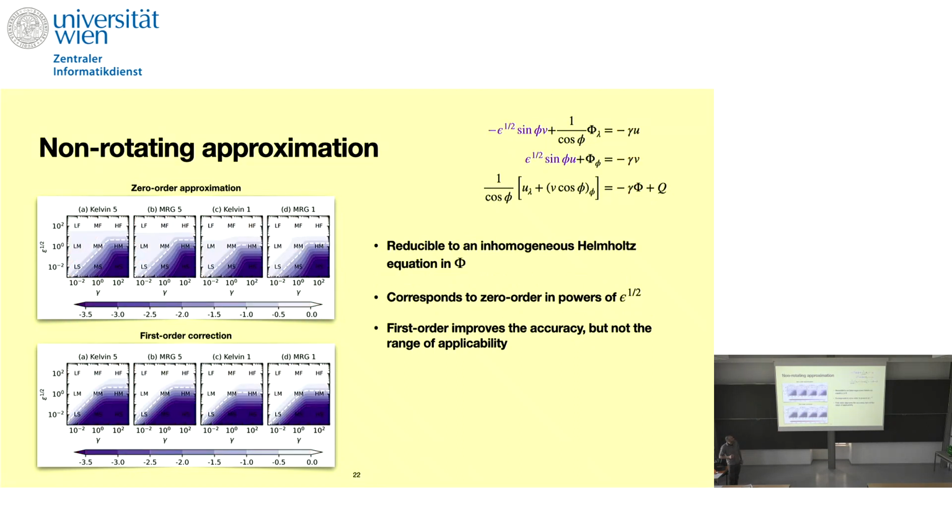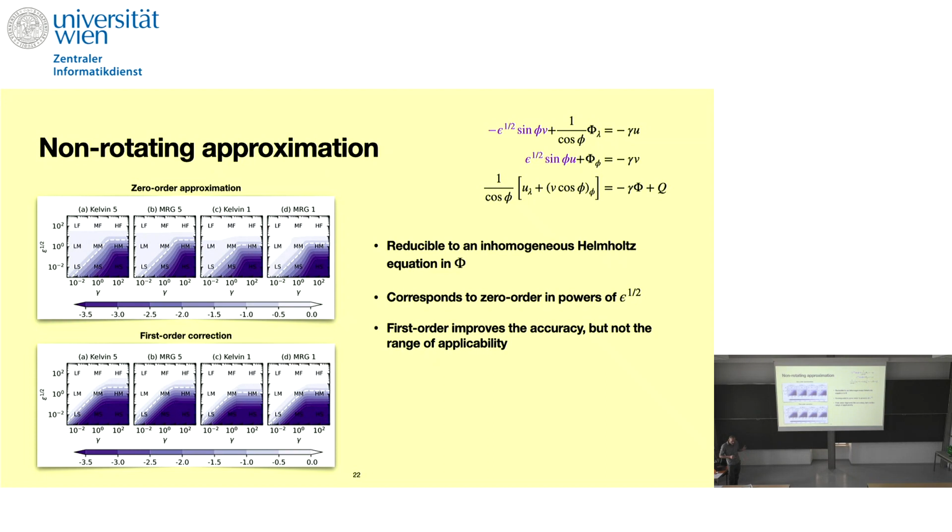Next, we have a non-rotating approximation where the Coriolis terms are negligible. These cases are most accurate here. This is, by the way, solved analytically. It turns out that the system can be reduced to an inhomogeneous Helmholtz equation in the geopotential, which is solved analytically.